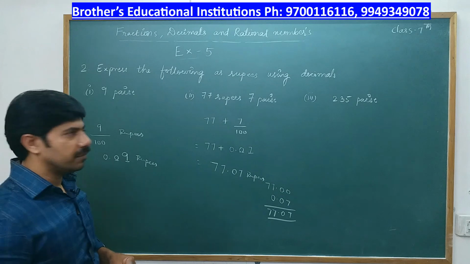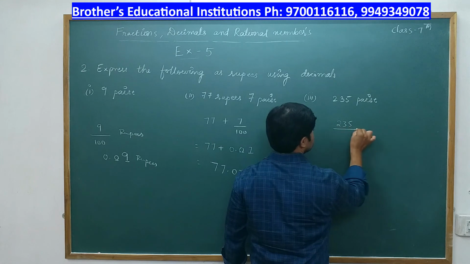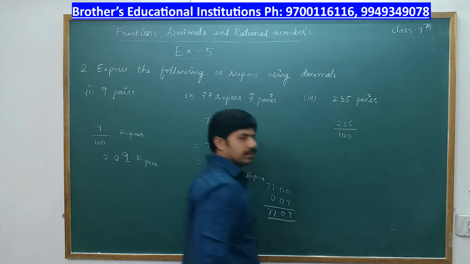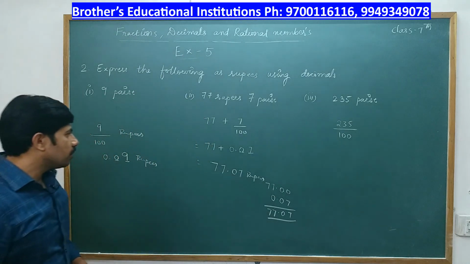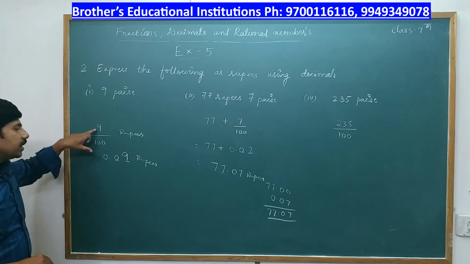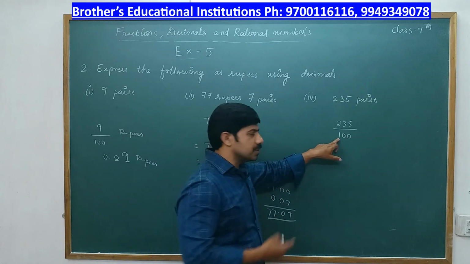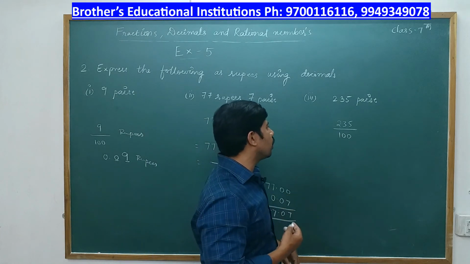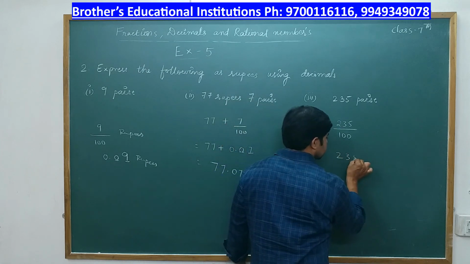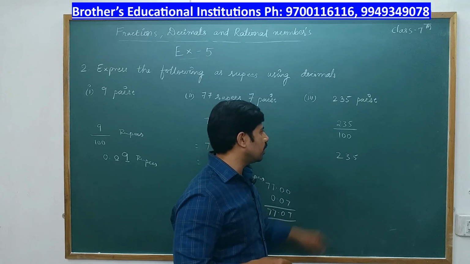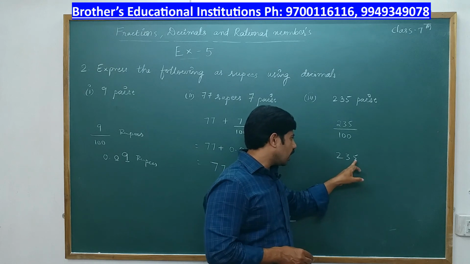Now we'll see 235 paise. So 235 paise, in order to convert into rupees, just divide by 100. Okay, so one thing you remember, whenever we have denominator greater than numerator, the answer will be 0 point. But here denominator is not greater than the numerator. So in this case, numerator is greater. So in this case, you write 235 as it is. Okay, after writing the numerator, for 100 we have 2 zeros. So you put the decimal after 2 digits.